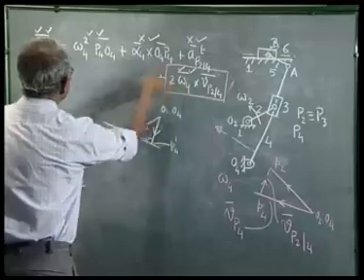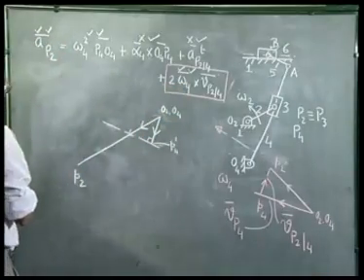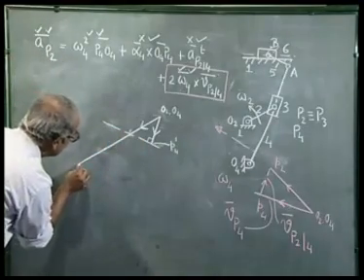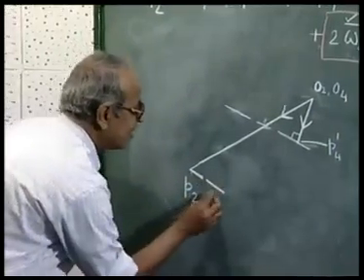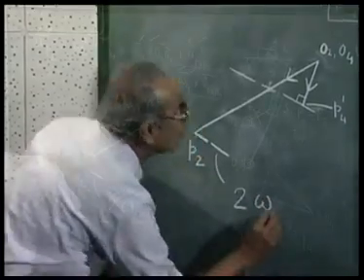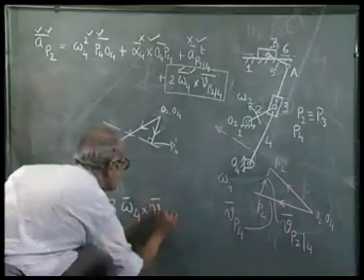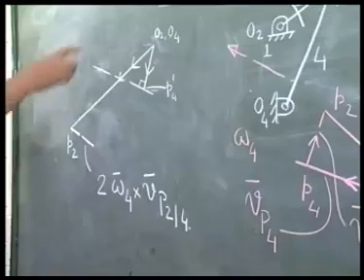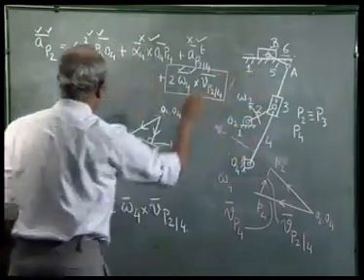Now, if I transfer this term to the left hand side, it comes with a negative sign. So, here I draw parallel to this line with the magnitude twice omega 4 cross Vp24. Now, this term AP24 tangential is along O4A.